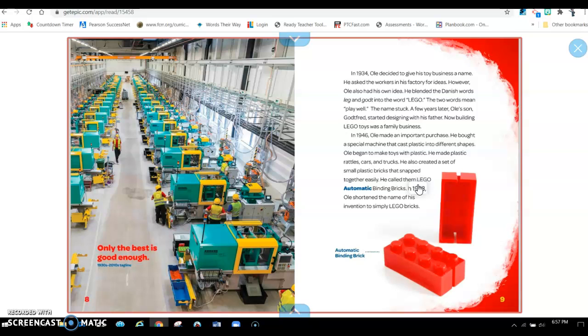And we learned that the inventor, his name was O. Kirk Christensen. So we're going to continue to read about Legos and O. Kirk Christensen. As I'm reading, I want you to identify some things that the author is trying to teach you about the brand of Lego and O. Kirk Christensen.